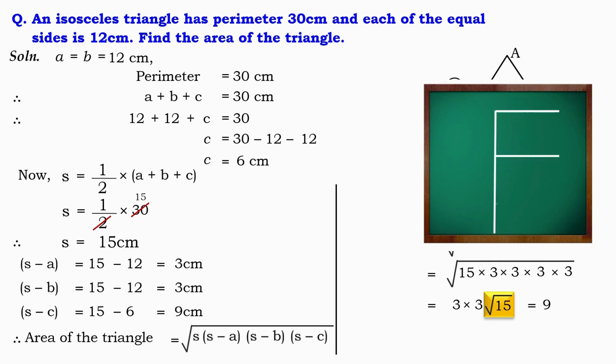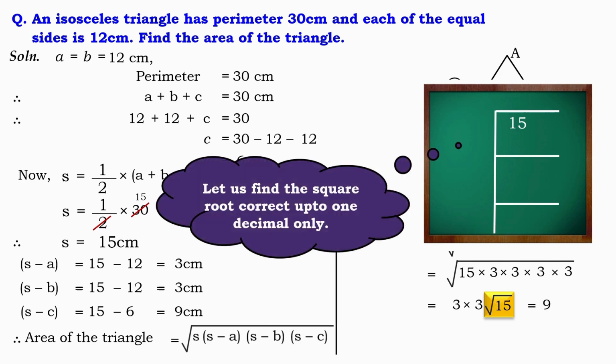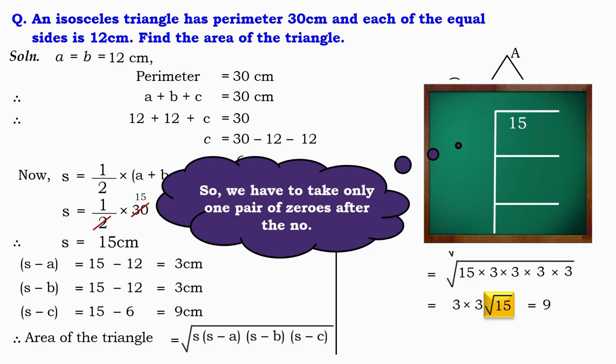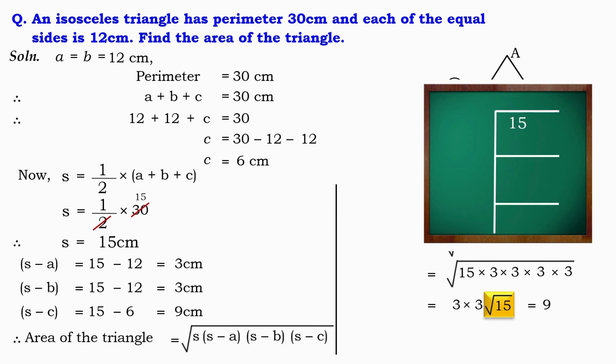Now we need to do decimal long division to find the square root of 15. We need to be correct only up to one decimal place, so after the decimal we will take only one decimal point. So we take only one pair of zeros after the number, since we are taking only one decimal point.